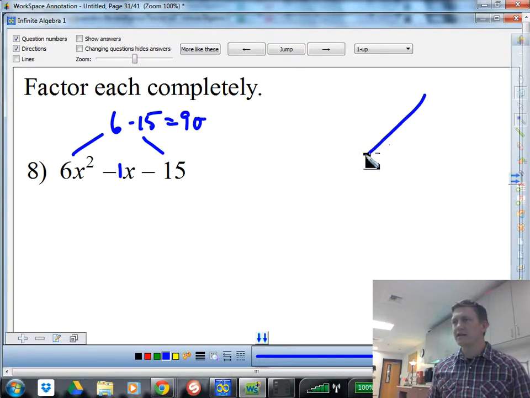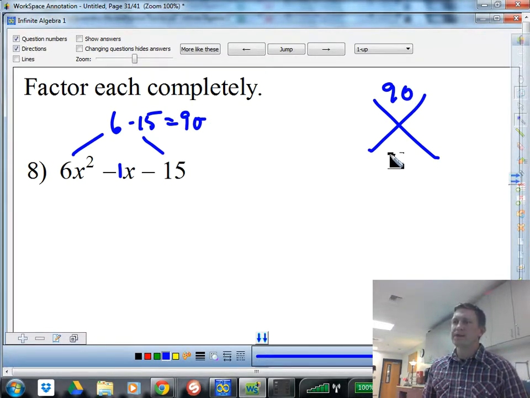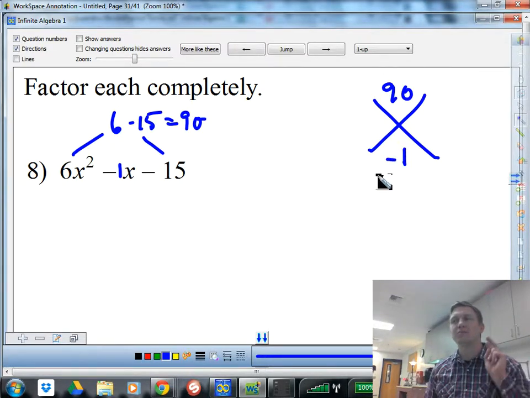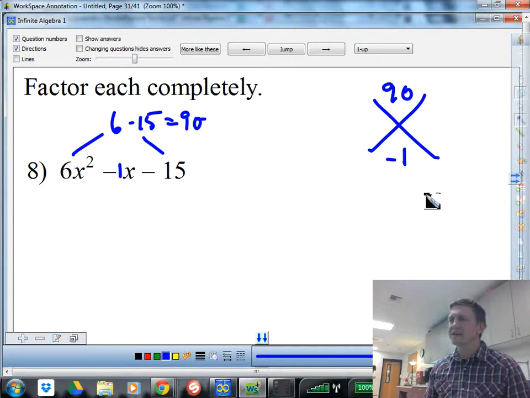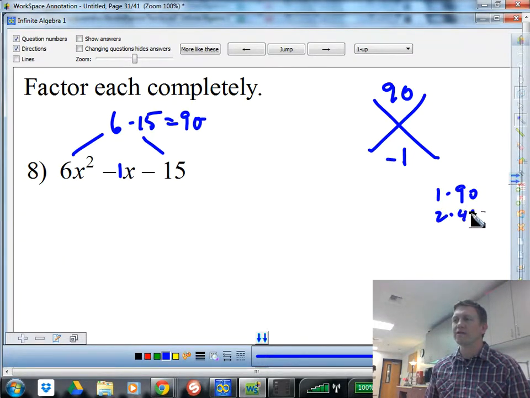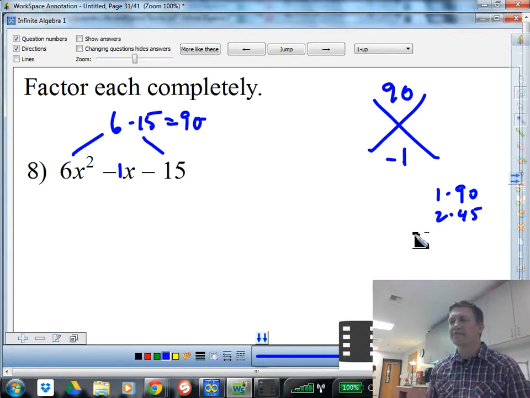Okay, you're going to put 90 right there. And then you're going to put a -1 right there. Okay, I want two numbers that can be multiplied together that give you 90, but also add together to give you -1. So 1 times 90. Nope. 2 times 45. Nope. You need them closer together, right? So looks like you need them kind of closer together here.